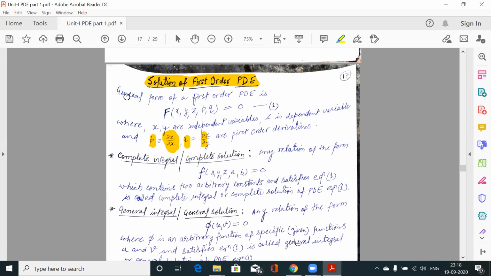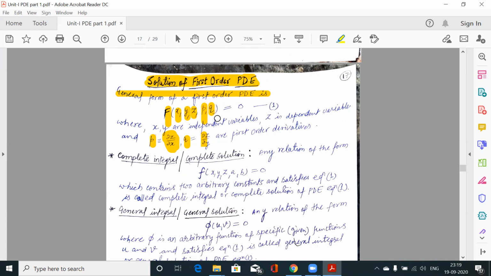The general form of first order PDE will be like this: equation 1, the capital F function, which may include x, y, z, and the first order derivatives p and q.